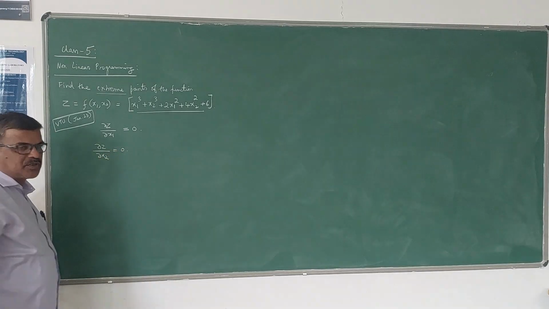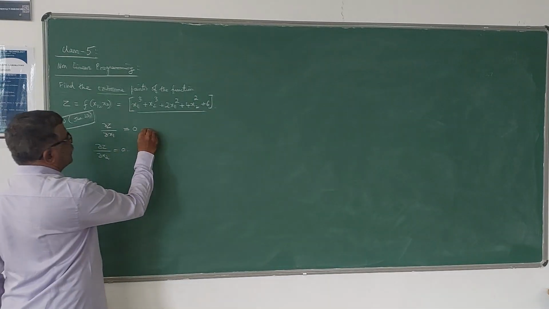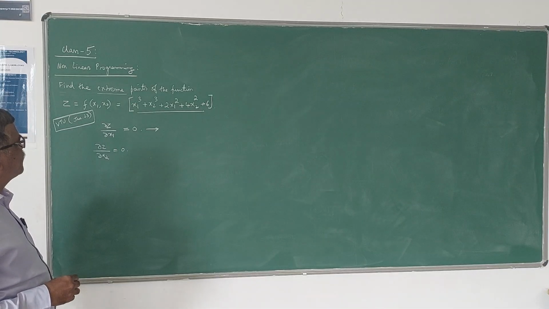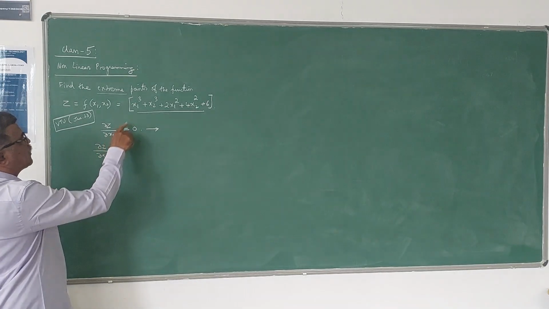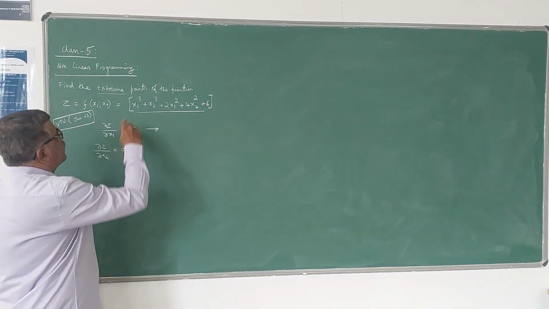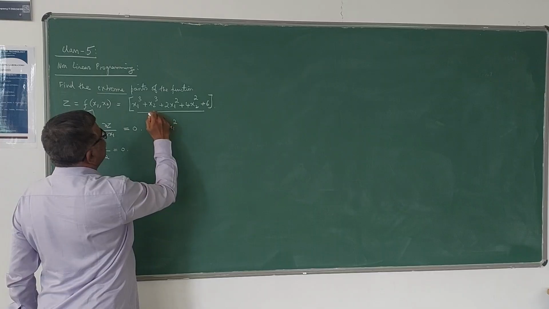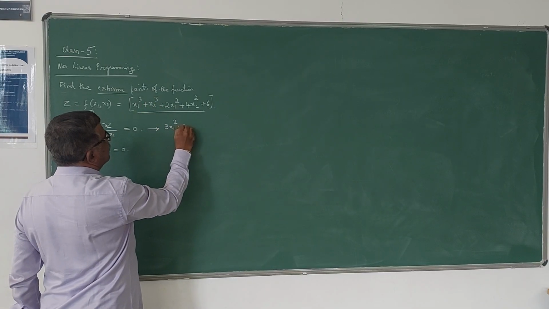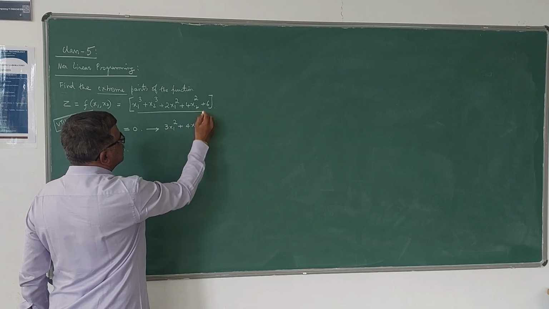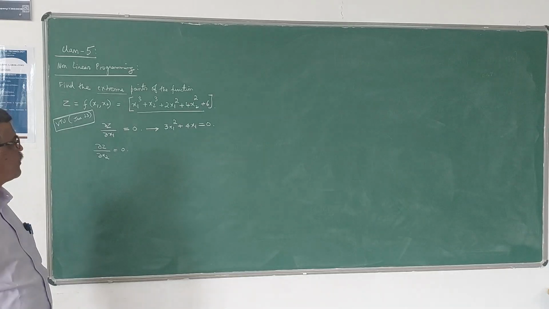Now if you do the partial differentiation of this function with respect to x1, we have to treat x2 as constant. So it becomes 3x1 square plus 4x1, the derivatives of the other two terms become 0, is equal to 0.